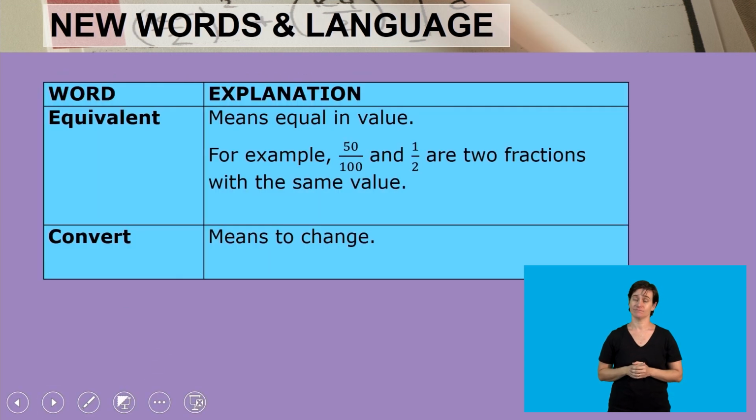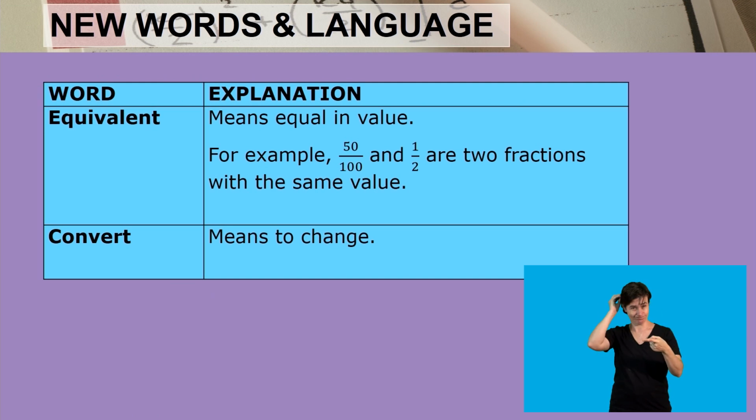As we move on, for today we're going to talk about equivalent. These are words that we need to remember: equivalent and convert. Equivalent means equal in value. For example, we've just done a fraction of 50 over 100, and the outcome, when we simplified it, we found a half.